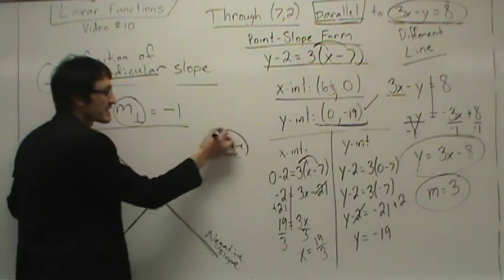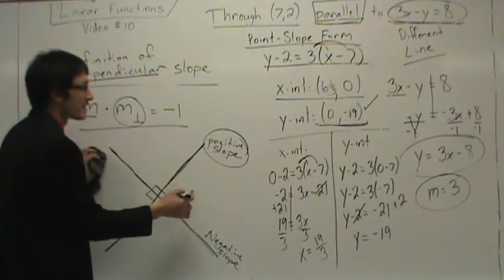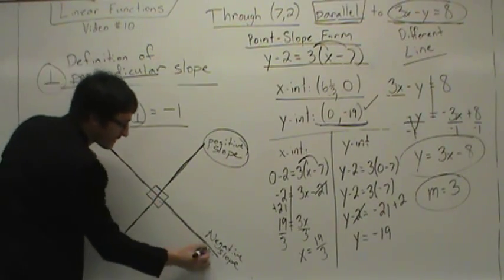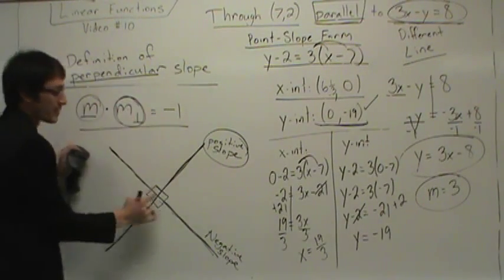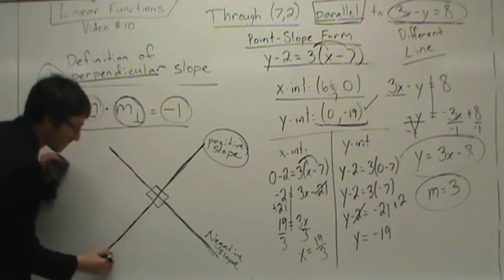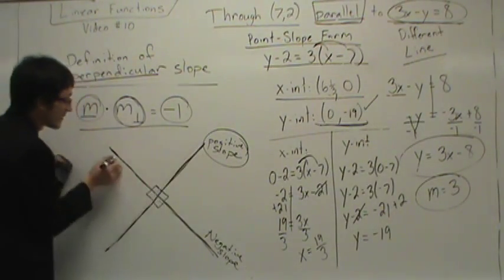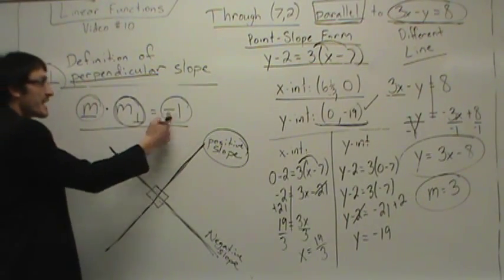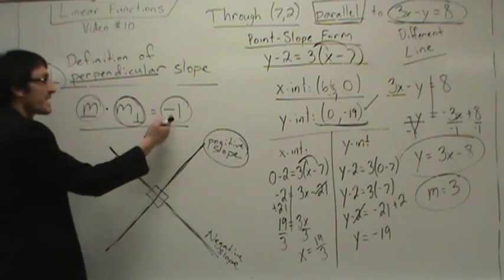Makes sense. If we take something that's positive, the positive slope, and multiply by the negative slope, or the perpendicular slope, we end up with a negative value. So remember, when we do perpendicular, one line will have a positive slope, one line will have a negative slope. When we multiply these slopes, we will get a negative value, specifically the number negative 1.